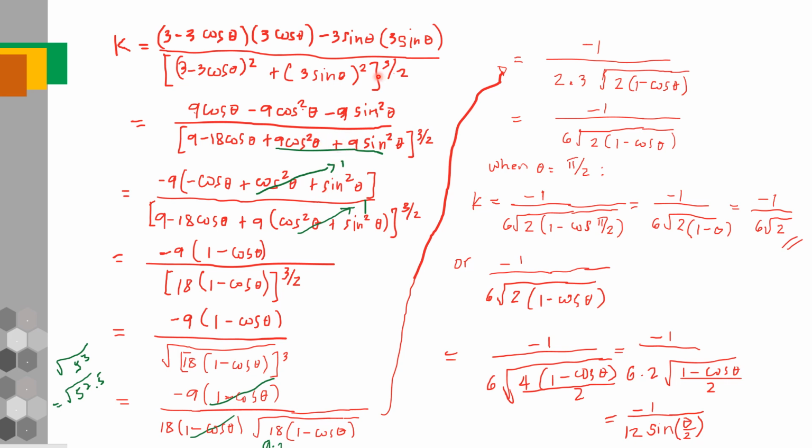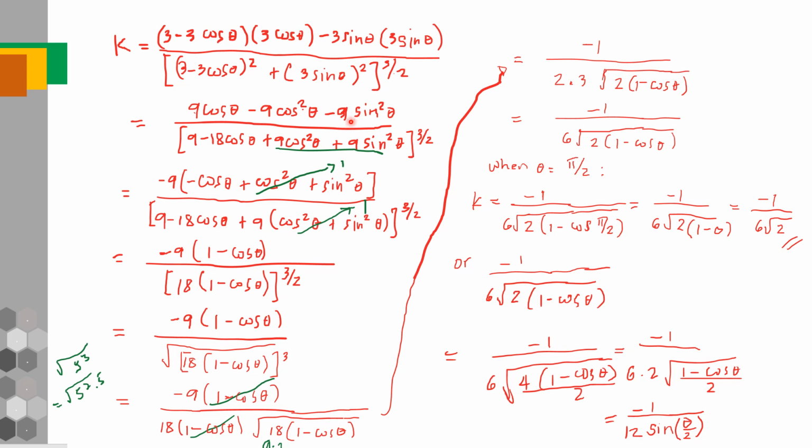Pwede natin i-factor out yung 9 para ma-simplify natin. Okay? So, pag factor out ng 9, meron tayo nito, negative cosine theta plus cosine square plus sine square theta. So, by the way, yung na-factor out sa taas is yung negative 9.